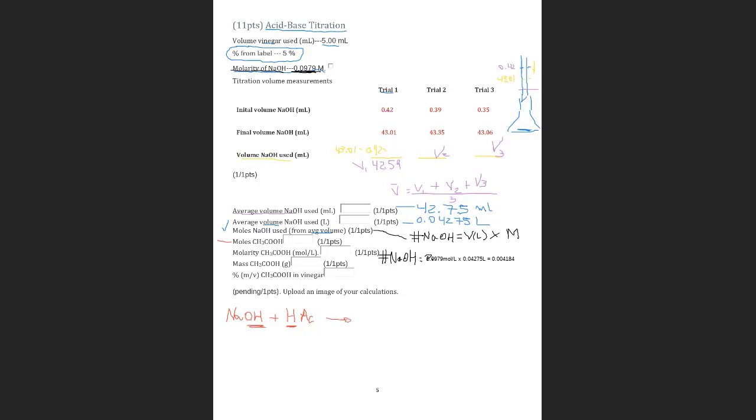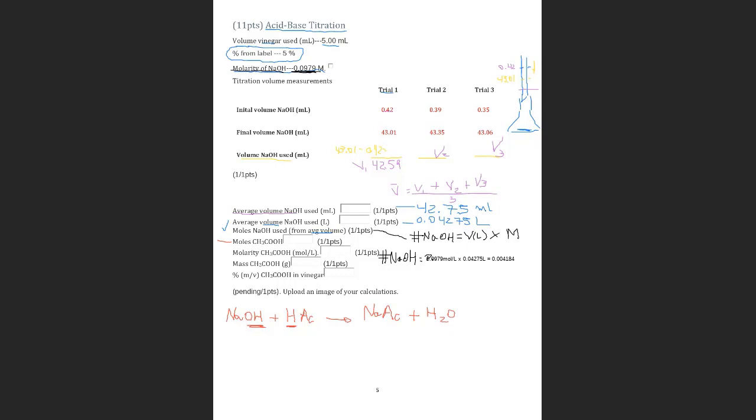So this neutralization reaction is also a 1-to-1 ratio. 1 mole of sodium hydroxide reacts with 1 mole of acetic acid to form sodium acetate, which is the salt, plus water.